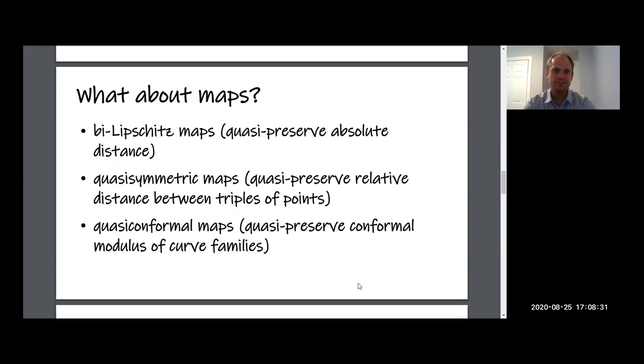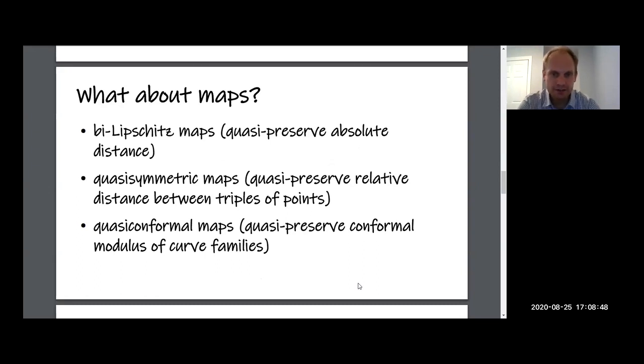So all those are conditions on the space, and then you might ask about maps. There are three main categories of maps that come up in this context, which I've listed here. The first is bi-Lipschitz maps, which roughly preserve the absolute distance between pairs of points.